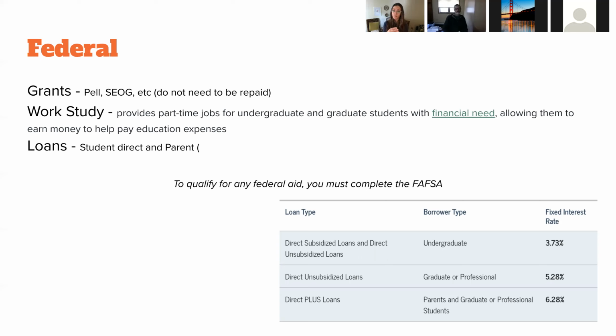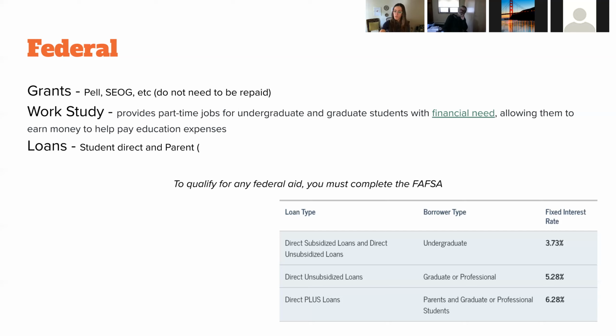You do have to apply for financial aid every year because your income can obviously change. But let's say whatever loan you get freshman year is at a 3.73% interest rate, that will stay at that interest rate for the life of the loan. The next year it might go up to 5%, but that will stay that way for the life of the loan. And then there's some consolidation options later on.